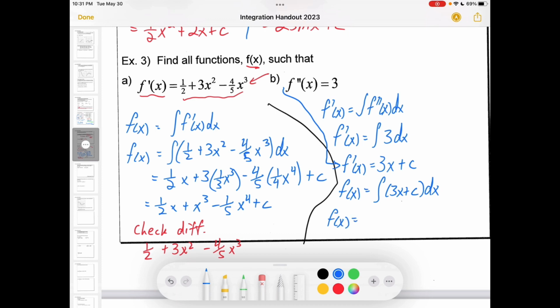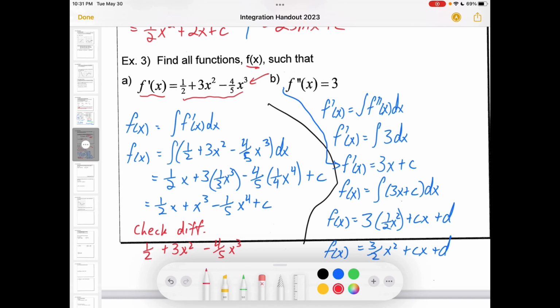So f of x would be, 3 stays, power goes up by 1, flip of the new power in front. What differentiates to c? Well, cx would. And now we're going to need a new constant of integration. We could call it d, you could call it c2, whatever you like.